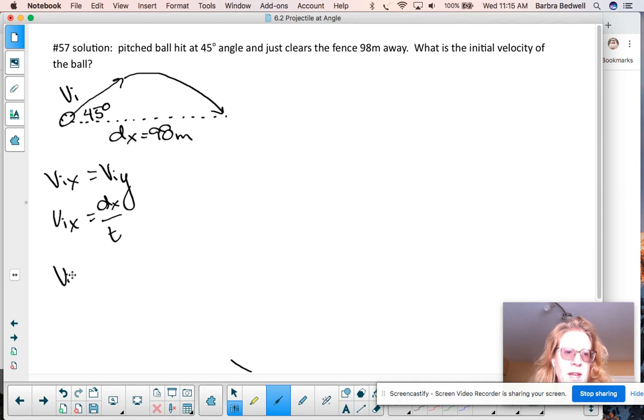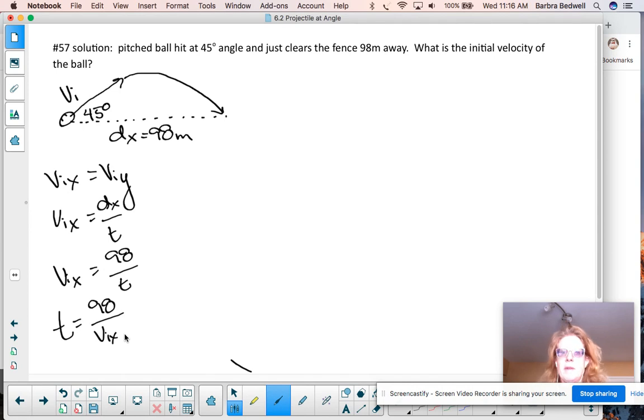I know that VIX has got to be equal to 98 over time. Now, I don't know what time is, and that's the piece I know I'm going to need. So I'm going to solve this for t: t equals 98 divided by VIX. And I'm just going to leave it like that. I don't know the value for t because I don't know my value for VI, which is eventually what I'm trying to find. So that's our x component.